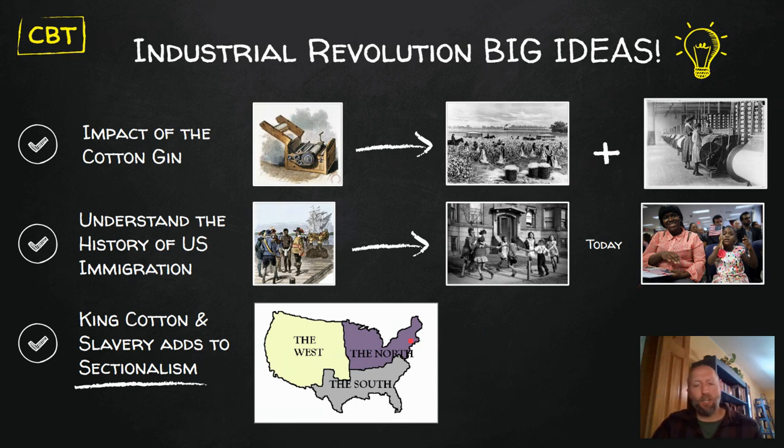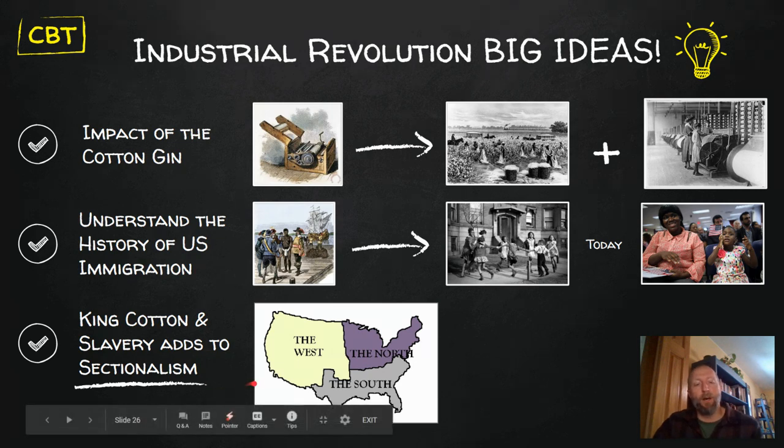Finally, kind of tying this all in together, this idea of sectionalism. Remember from previous units, sectionalism is when people identify more with their area of their country than the entire country together. So we've had a few different lessons on that, but we have the North believing in the Northern values, we have the South believing in the Southern values, and then we have the West.